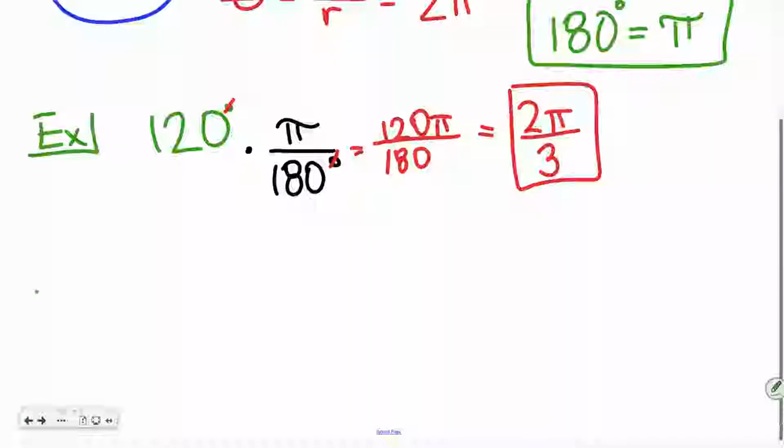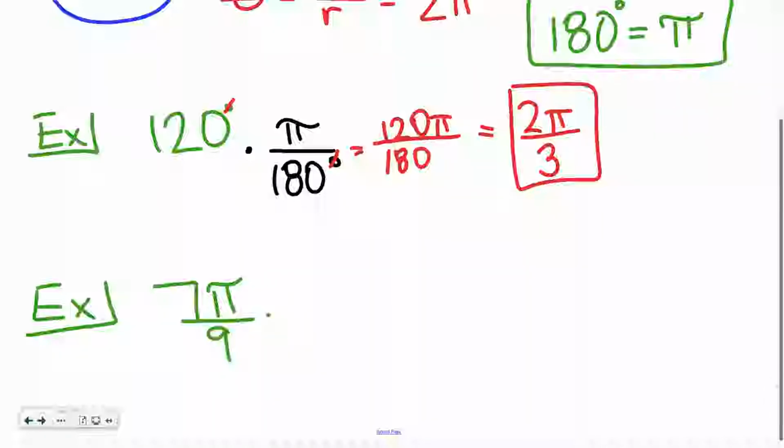What about going the other way? Let's see, what's my example here? 7 pi over 9. If I want to convert that to degrees, any type of conversion, you're going to have to multiply by a fraction, right? This time, what is our fraction going to be?